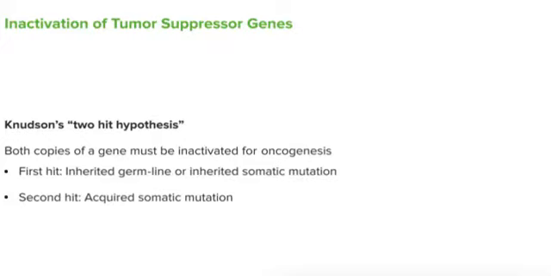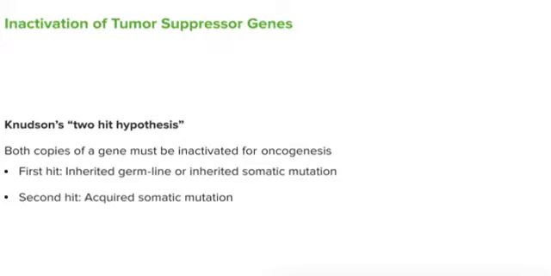In inactivation of tumor suppressor genes, there is something called the two-hit hypothesis. Now this is not a big deal, but well, nothing is a big deal once you are actually knowledgeable of what's going on, so let's bring you knowledge. Two-hit hypothesis: you want to think about the mother and the father.